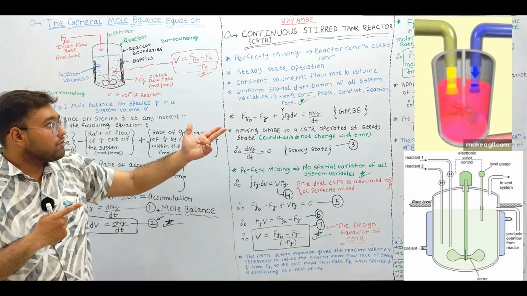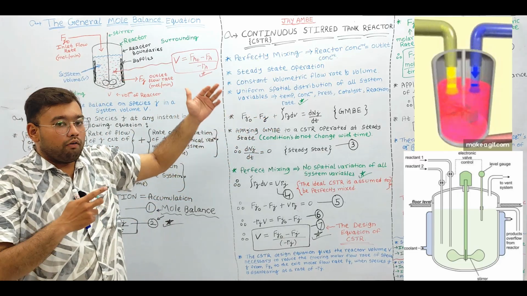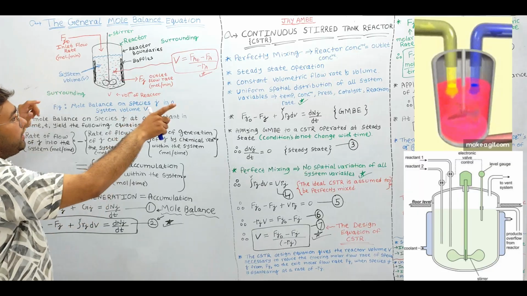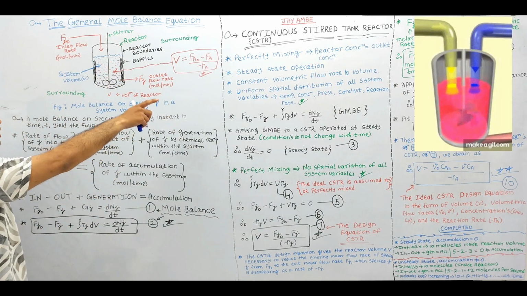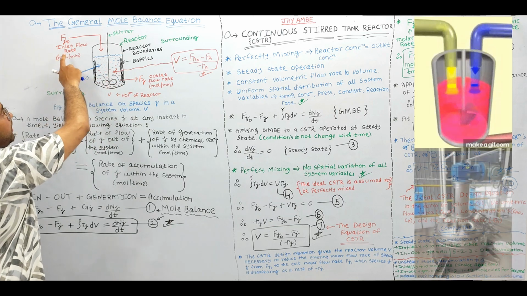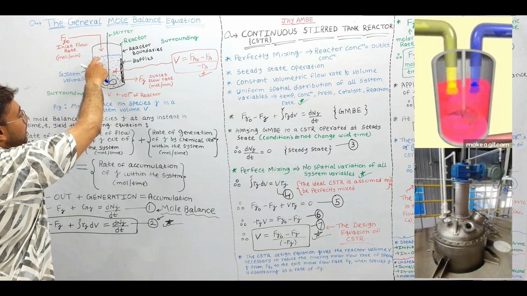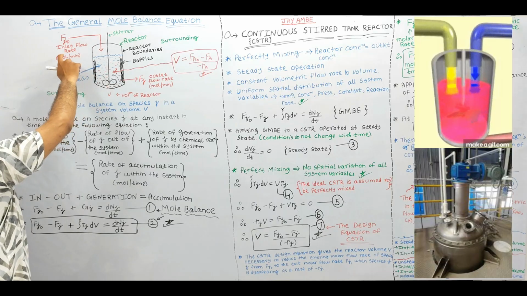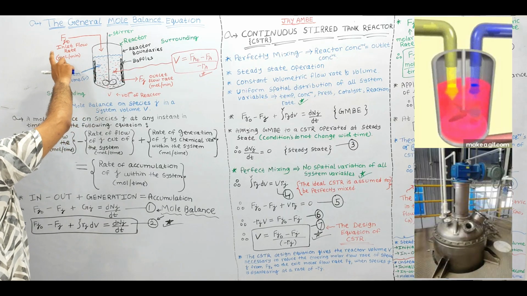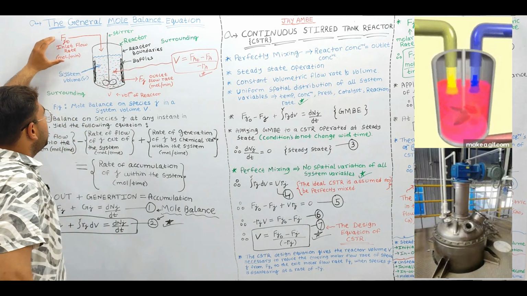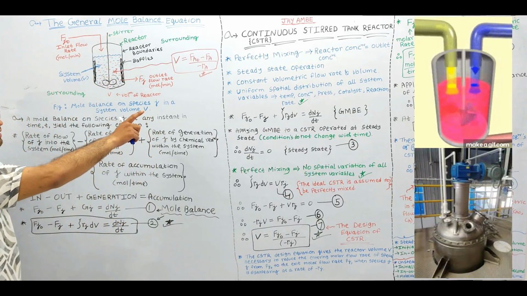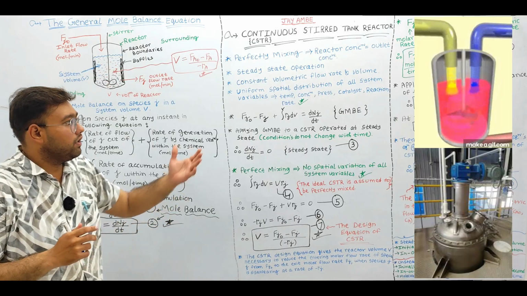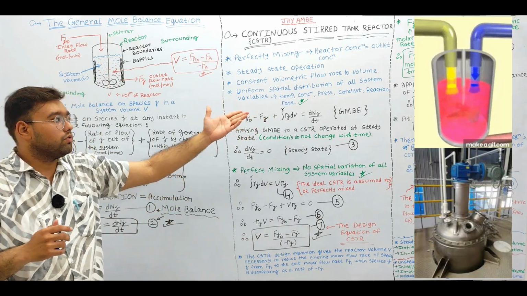As you can see in the video, we have a continuous feed stream of inlets which is feeding to the reactor. The reactants are continuously fed to the reactor through the inlet molar feed stream, and you can visualize this by understanding the video.